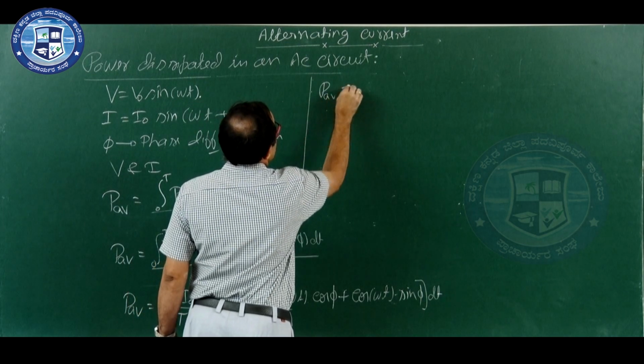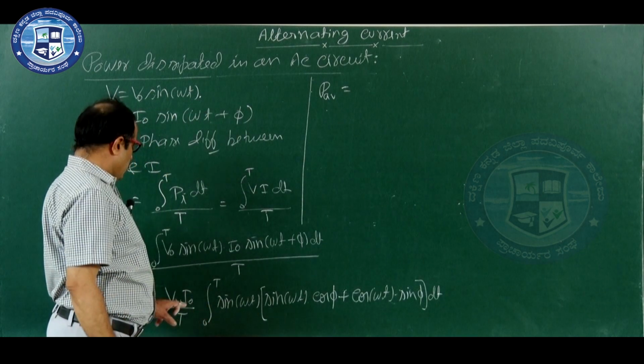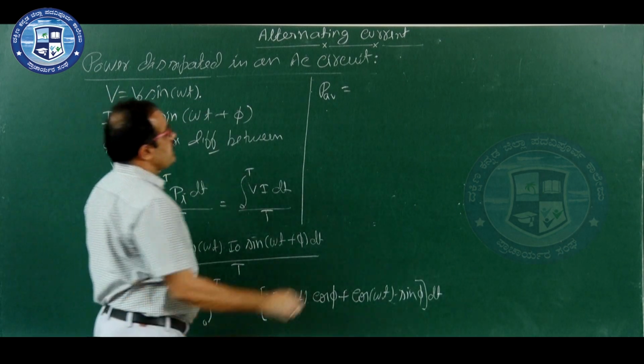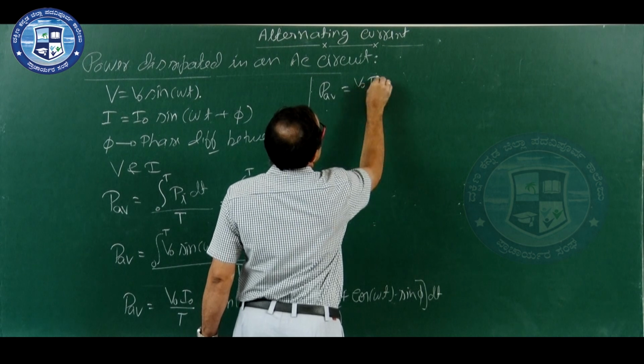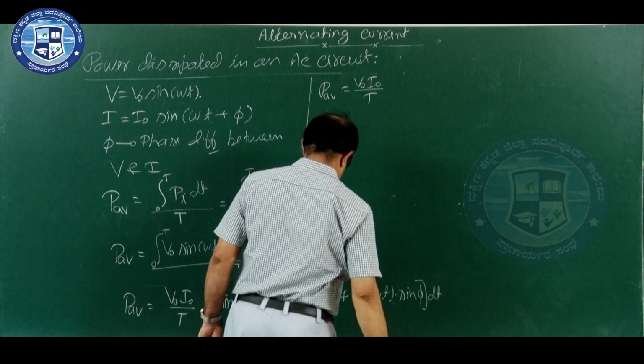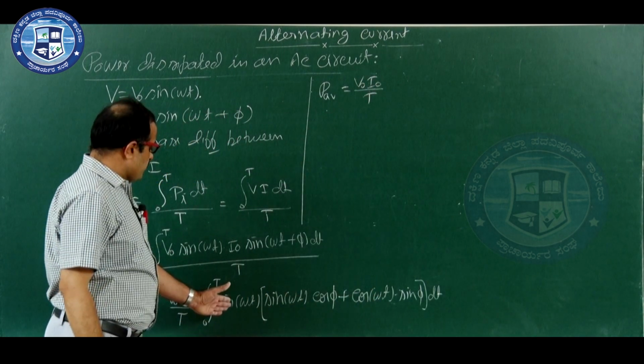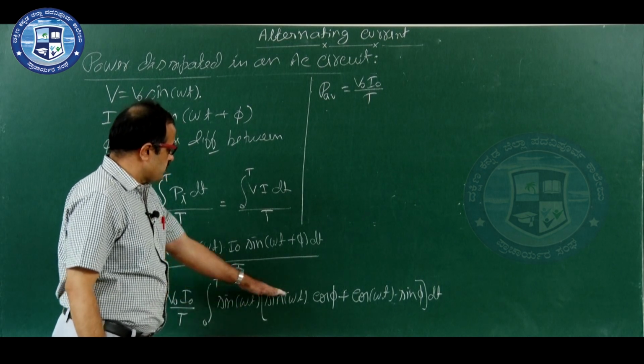P average equal to V naught I naught by T, you take sin omega t inside the bracket.